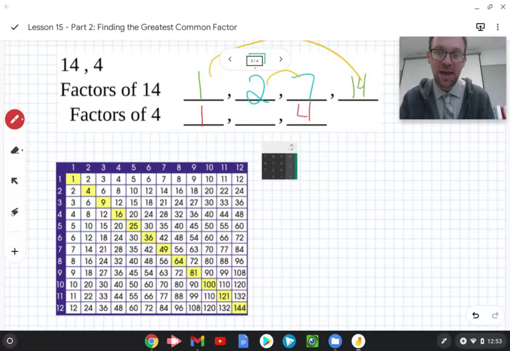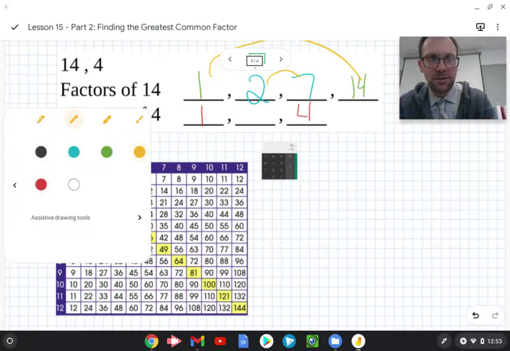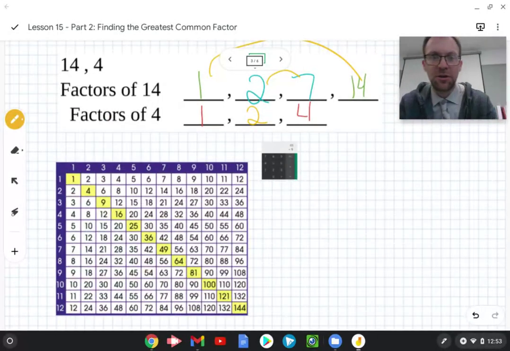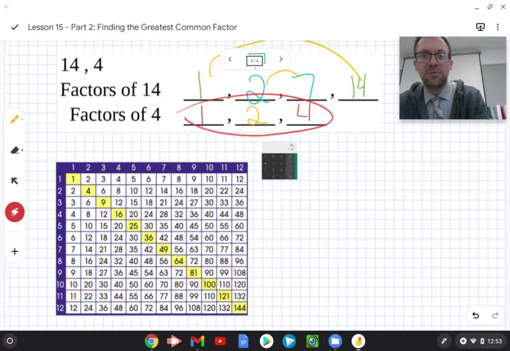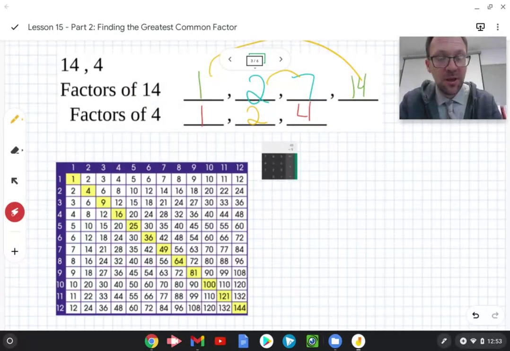If you recall, when we have a square number like 4, where one factor is used twice, we only write it once. So 2 is the third factor for the number 4. Okay, so now we have 2 numbers, 14 and 4. They've each been factored out. We have 2 lists of factors.